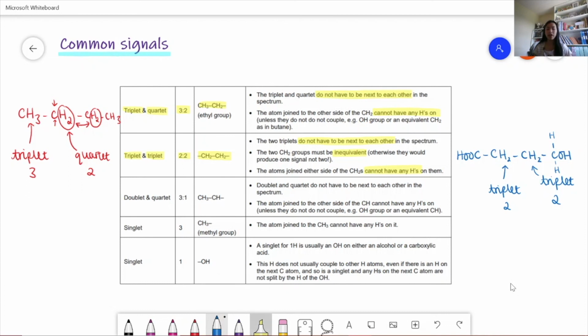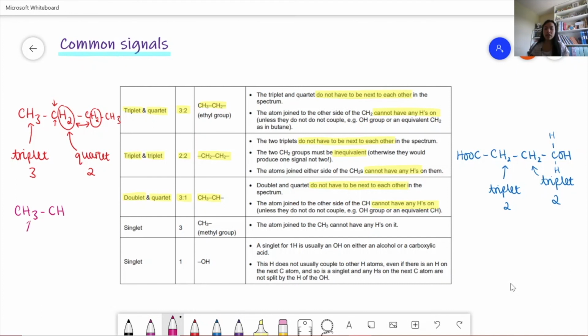And then thirdly, looking at the CH3CH, this produces a doublet and also a quartet in a relative intensity ratio of 3 to 1. And again, they don't have to be next to each other. The atom joined to the other side of the CH can't have any hydrogens on it unless they don't couple, so, for example, the OH group or an equivalent CH. So again, looking at this, we have CH3 and then CH.